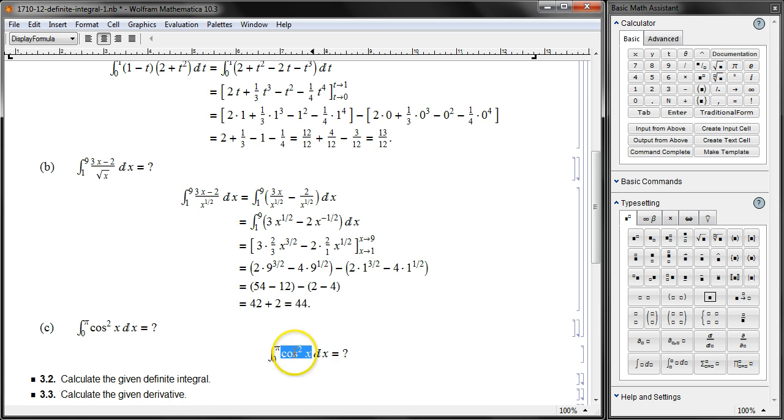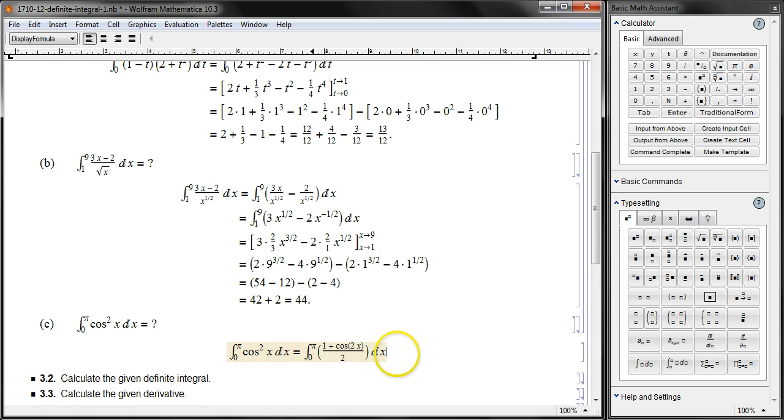Okay, what is cosine squared? It is (1 plus cosine of 2x) divided by 2. That's the power reduction formula, or some people call it the half angle formula.